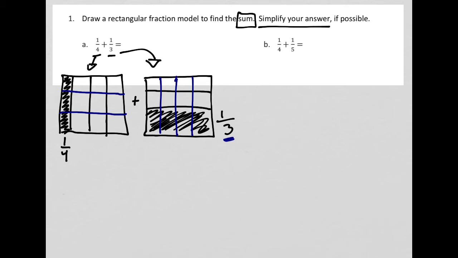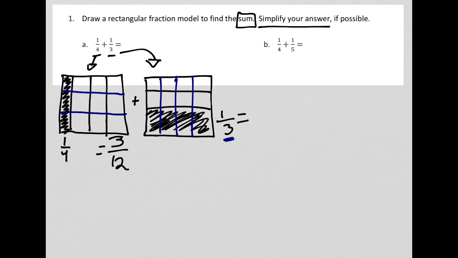Now I've created fractions with a denominator of 12, because if I counted them, I'd have 12 squares. And if I look at this 1/4, I no longer have 1 out of 4 shaded in. I have 3 out of 12. And if I look at this 1/3, I no longer have 1/3.